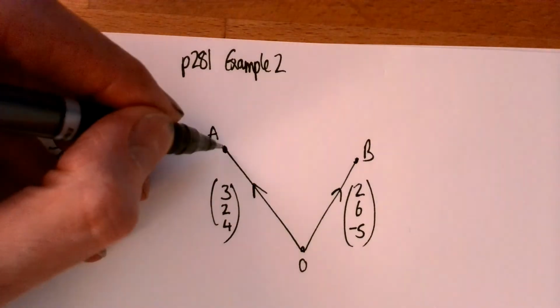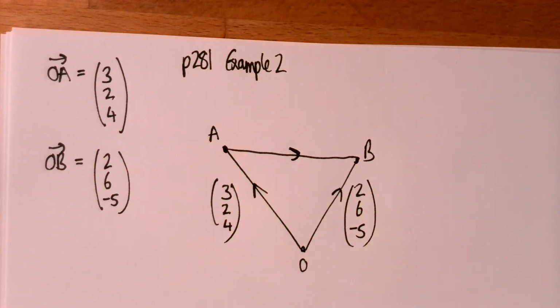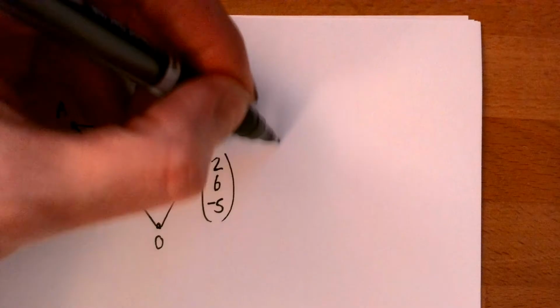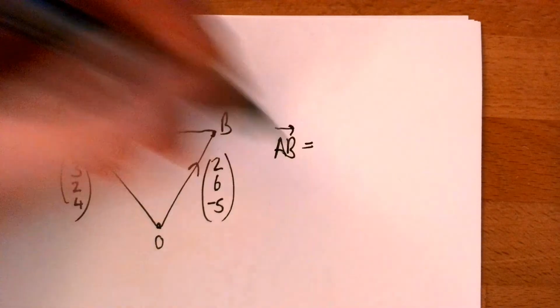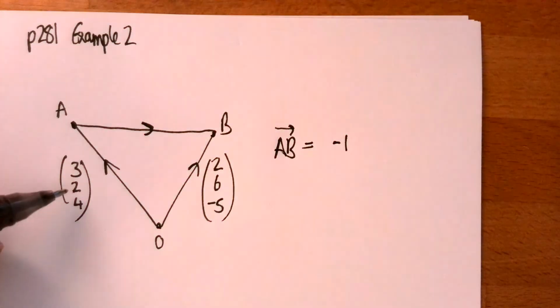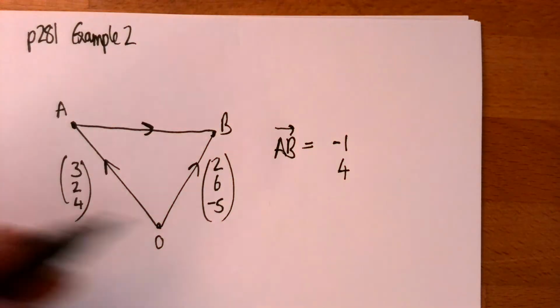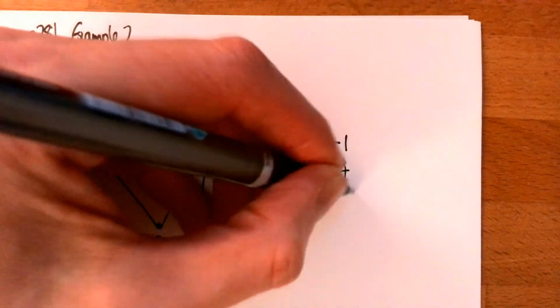So the vector AB, that is backwards down there and up there, minus 3 plus 2, minus 2 plus 6, and minus 4 minus 5.